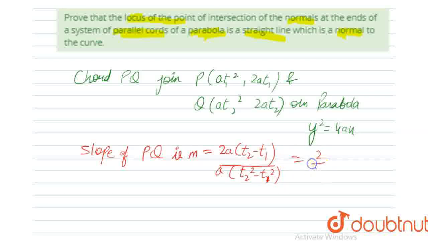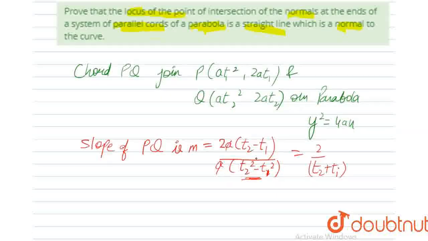This will be equal to 2 upon (t2 plus t1), because a we can cancel out, and in the denominator a square minus b square is (a plus b)(a minus b), and this t2 minus t1 directly cancels out with the numerator t2 minus t1. That is how t2 plus t1 is the remainder in the denominator.